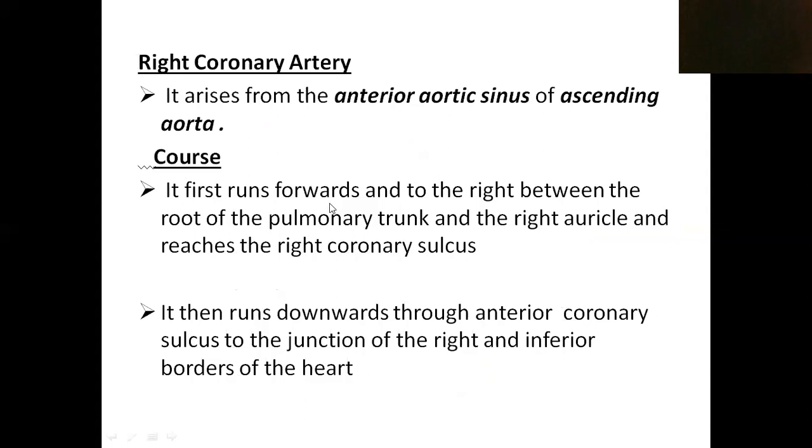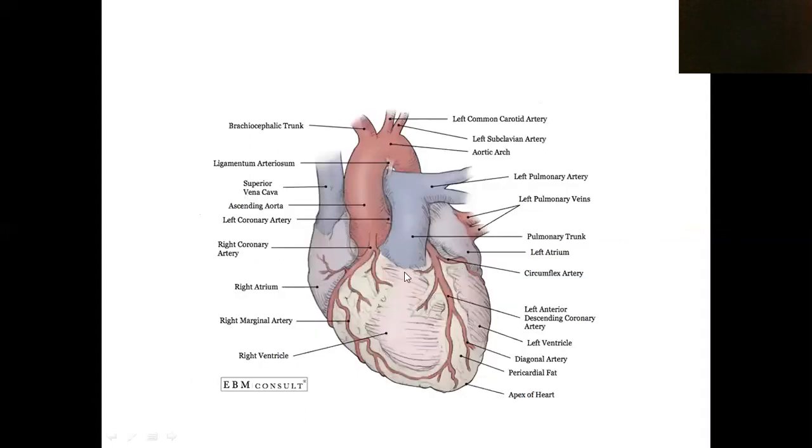First, it runs forward and to the right between the root of the pulmonary trunk and the right auricle and reaches the right coronary sulcus. What is meant by that? See, first it runs forward, so this is a forward course. From this aorta it runs anteriorly between the pulmonary trunk, this one here, and this part.